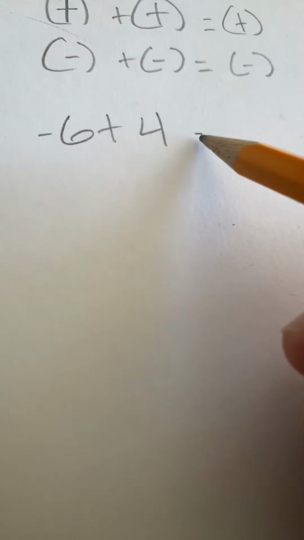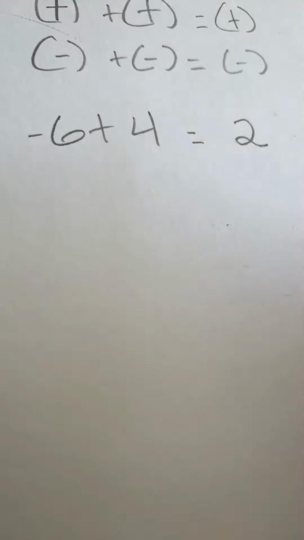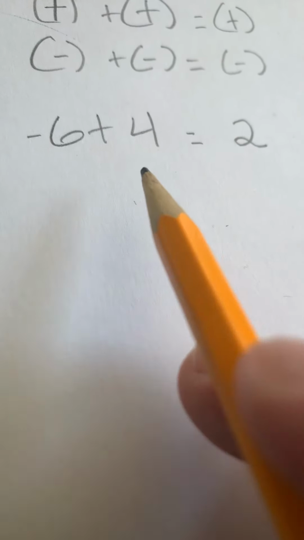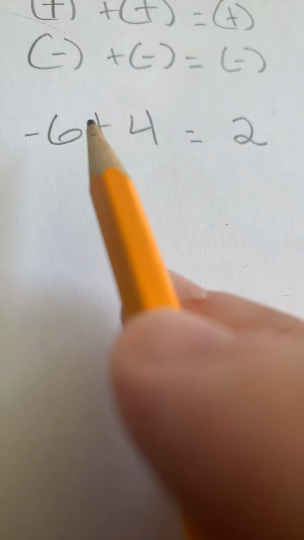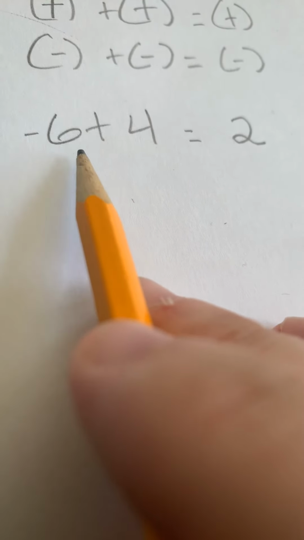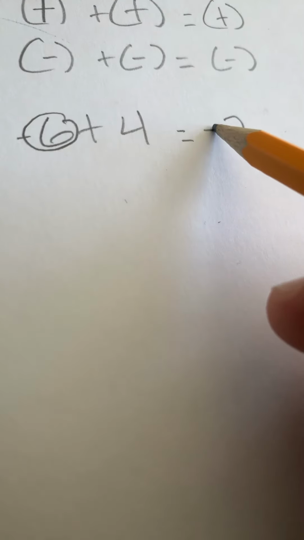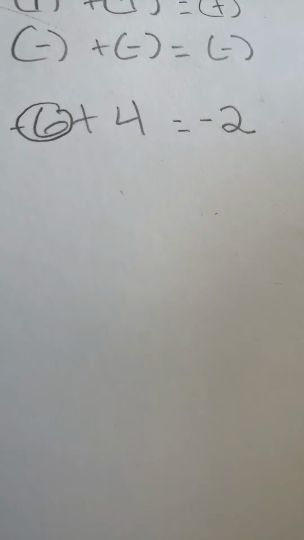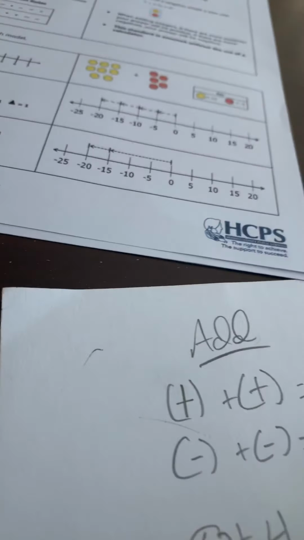So 6 minus 4 is 2, but we're going to keep the sign of the larger number, meaning the number that's furthest away from 0. 6 is further away from 0 than 4, so we're going to keep this sign. So -6 plus 4 is equal to -2. Big recommendation here: use a number line. Google a number line, and if you find one, use it to help you.